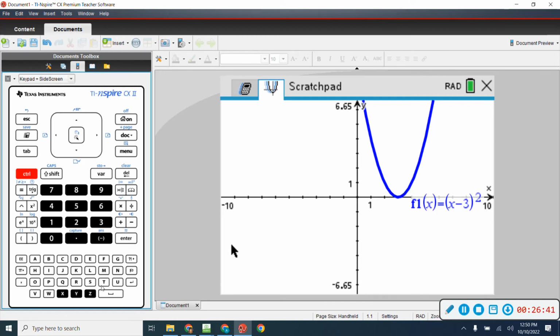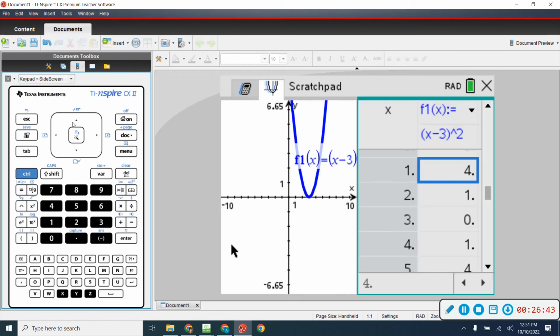Control T to go to your table. Then you can verify that 3, 0 is your vertex. So I don't have to skip points, so I'm going to copy down 2, 1, and 1, 4, and 4, 1, and 5, 4.